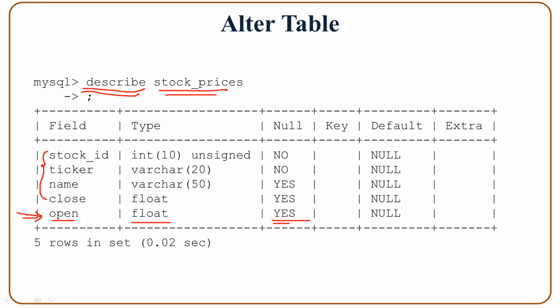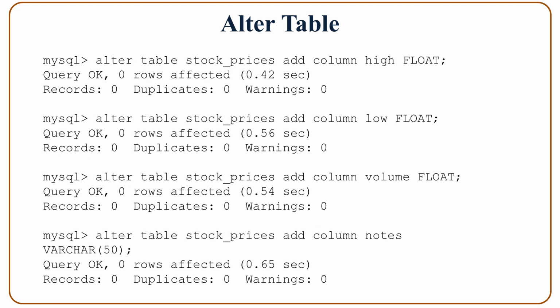Now you do the same thing. You alter table and add a column, namely high, for high price. You add another column, namely low, another column, namely volume, and another column, namely notes.